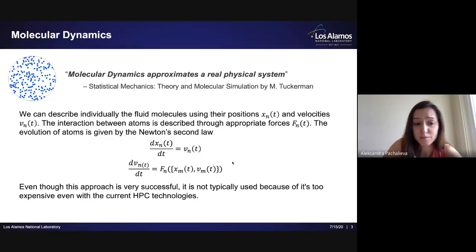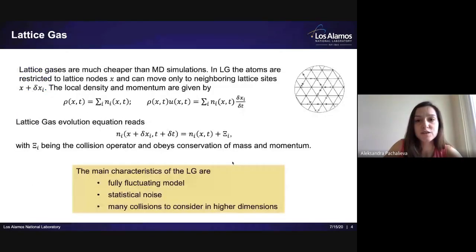This method is very successful, but because of the humongous amount of particles that we need to simulate for a real system, it's really difficult to obtain nice results or anything useful for applications, even with current high-performance computing technologies. So this is the main reason why we go forward to something a little more feasible, like lattice gases. They're much cheaper than molecular dynamics simulations.